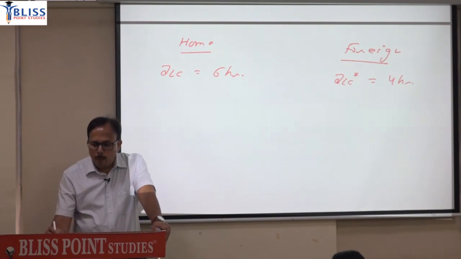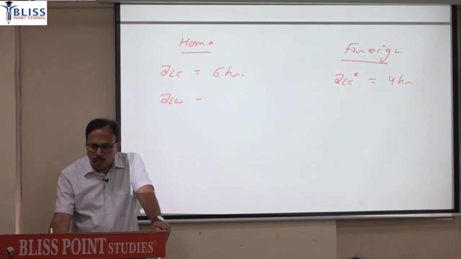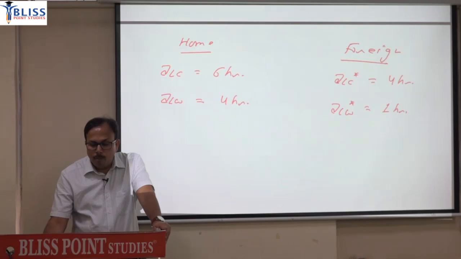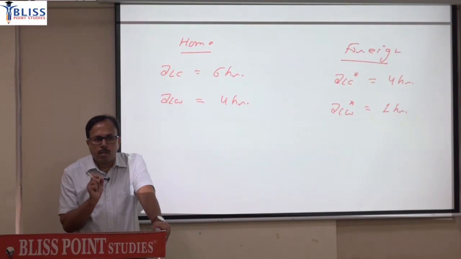चीज़ को रेफर किया. If you draw ALW in home country is 4 hours and ALW in foreign country is 1 hour. So when you compare for wine also, you find that foreign country has absolute cost advantage. Absolute में हम सिर्फ एक प्रोडक्ट को कंपेयर कर रहे हैं.